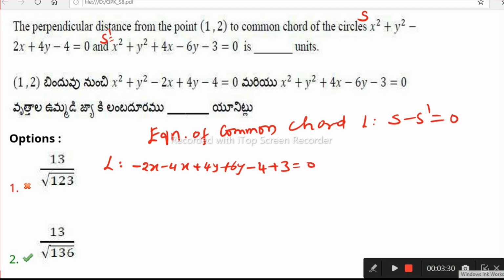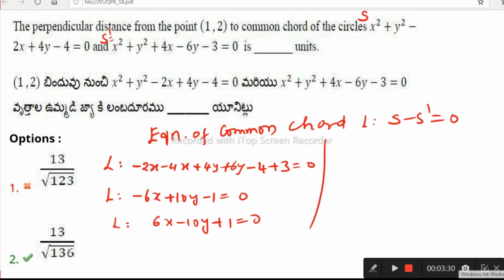Right? L is written as minus 6x plus 10y minus 1 is equal to 0. Taking the minus common, this is 6x minus 10y plus 1 is equal to 0. This is our common chord.